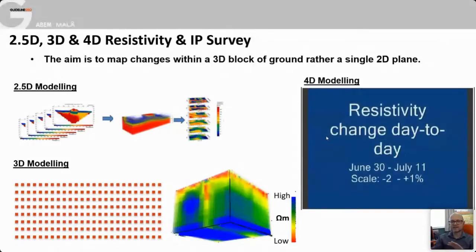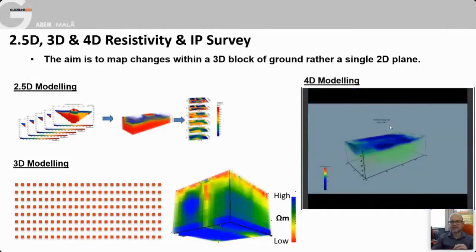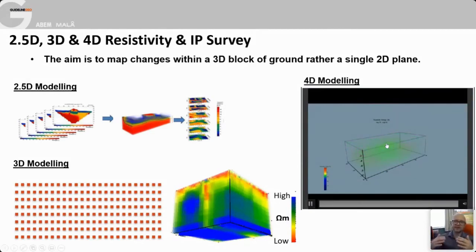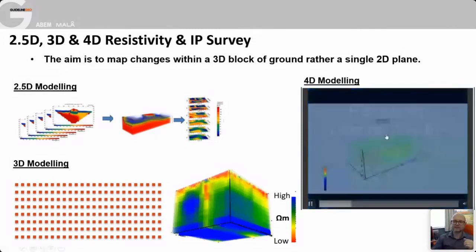So if there's little to no change from one measurement to the next, then the cells are left transparent. If the resistivity reduces, then the cells are colored blue, and if the resistivity increases, they're colored yellows, greens, and reds. And so what this is showing is what happens after a rainfall event.